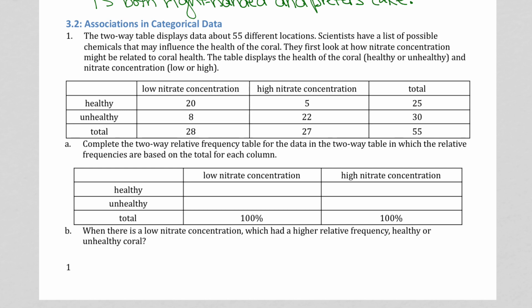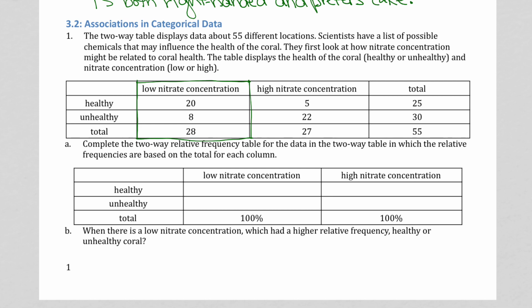So first we're going to look here, at our second column, for healthy and low concentration. How am I going to make that a percentage? This is similar to what we did yesterday. Remember when we were looking at the columns? What did we divide everything by? 28.